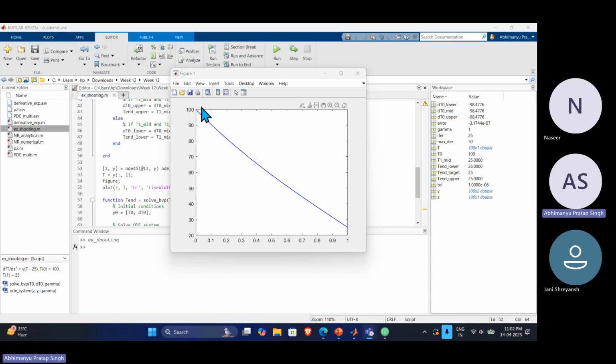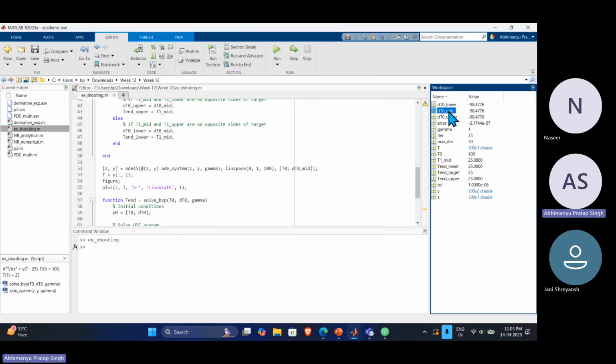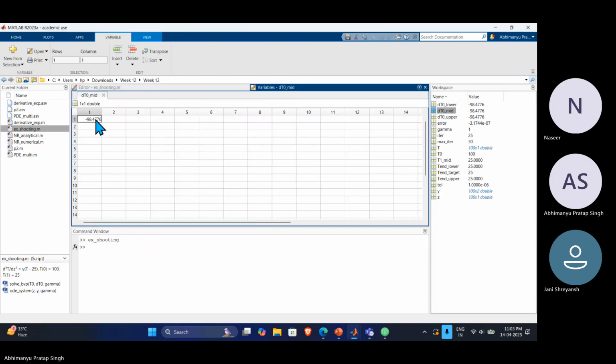You can see that the initial condition is 100 only, and at the end I'm getting y equal to 25. Okay. What value of T0 did we get? We can check that using T0 mid.